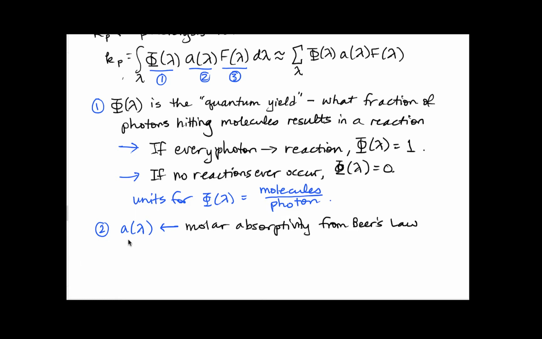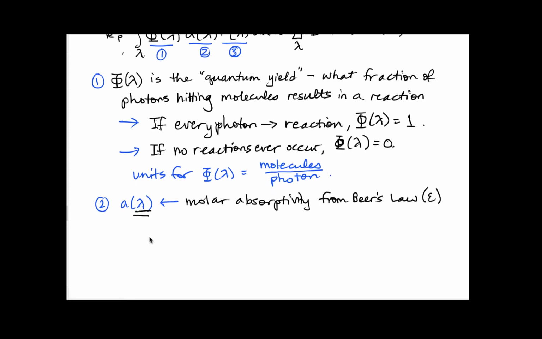So I used an epsilon in the lecture, but the environmental chemistry book uses an A, so this is good because it reminds us that the molar absorptivity does depend on the wavelength, which is a good idea. So this is in units of centimeters squared per molecule, and in this form it is called the absorption cross-section.